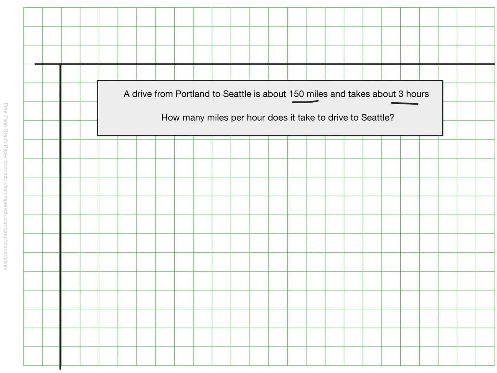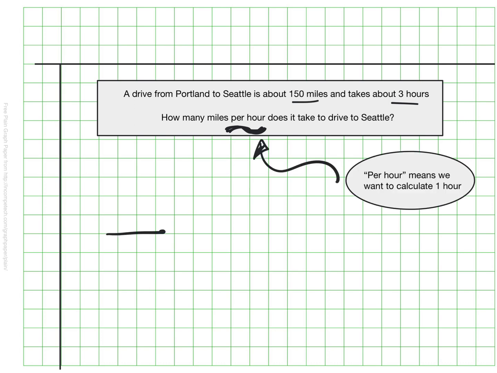The ratio in this example talks about driving 150 miles in 3 hours. So the ratio is miles to hours from Portland to Seattle. And the question would be, how many miles per hour does it take? So I'm going to point this part out first. So this says per hour. So that means we're looking for a unit rate of 1 hour. As I set up my ratio, that means hour is going to be on the bottom. So I'm going to say 150 miles. And I'm going to write 3 hours as my denominator.